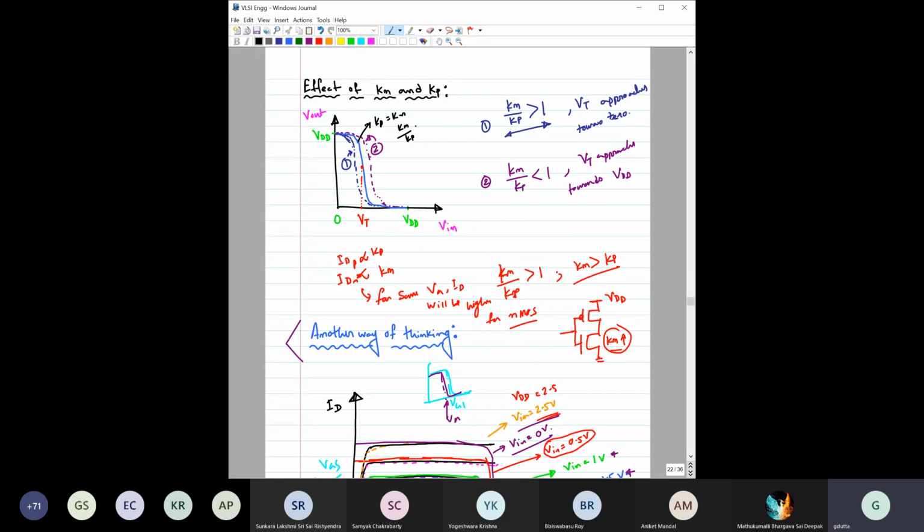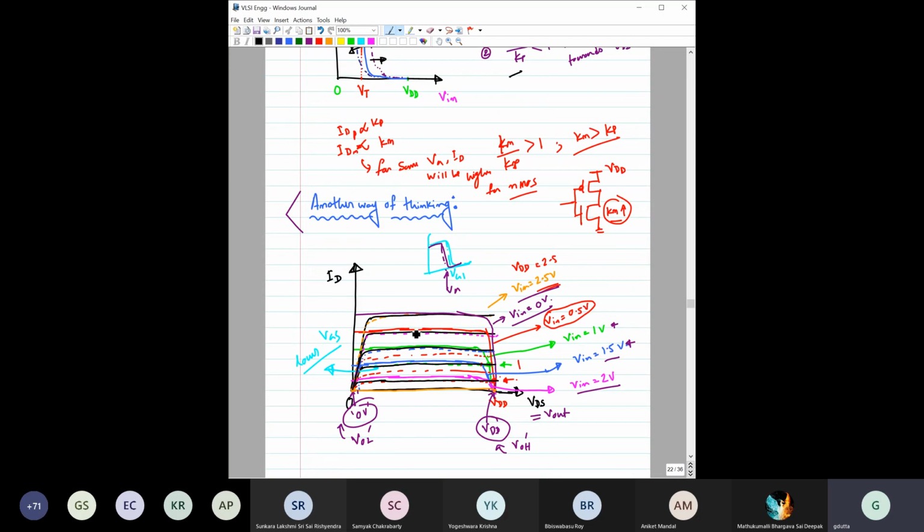If we increase it, the VTC shifts like this towards the left. And when Kn by Kp is less than 1, the VTC shifts in the other direction. That way we can control the switching threshold. We also explained this from these characteristics, the basic graphical way of getting this VTC, to get some physical understanding of why this is actually happening.